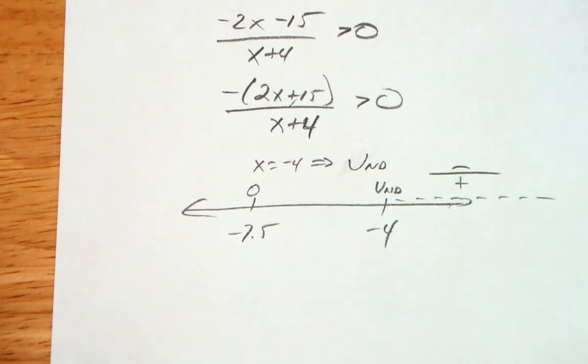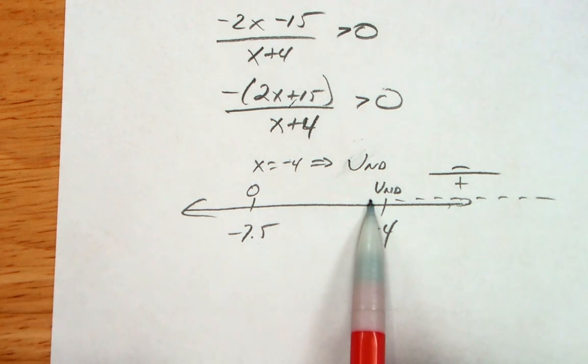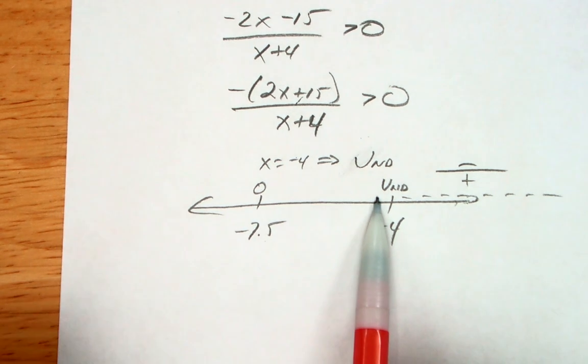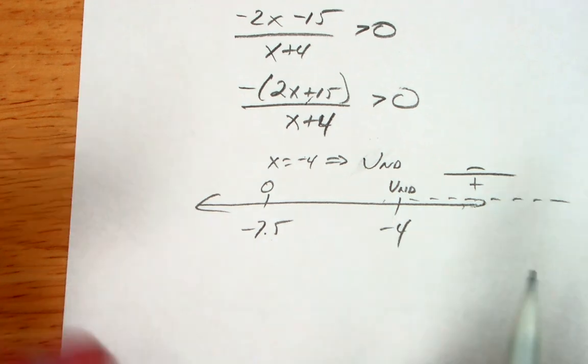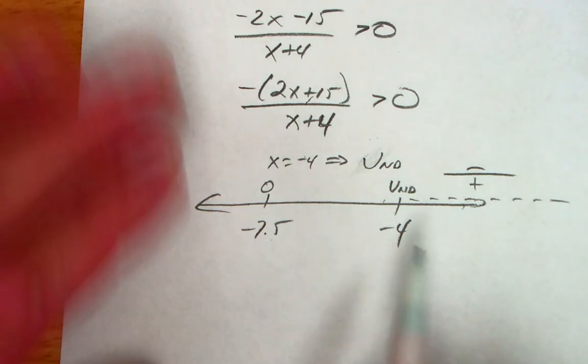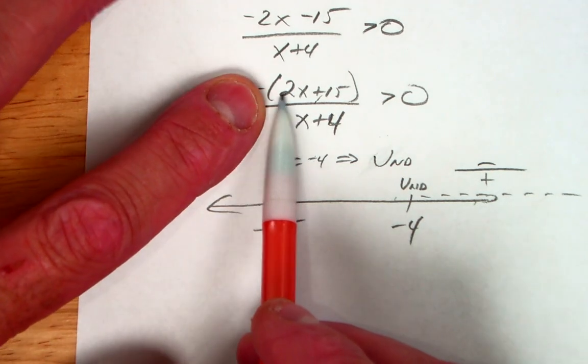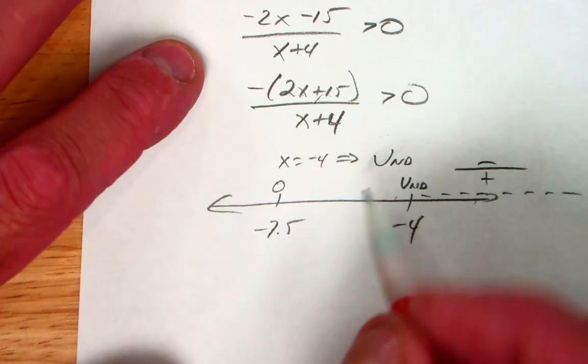Okay? Does anybody have a guess as to what it's going to be here? Positive. That's right, because it's a single root. But I'm going to be careful, and I'm going to plug in negative 5. Why negative 5? Because that's in this interval. So negative 5. If I plug in negative 5, I get 5, and that makes it negative.